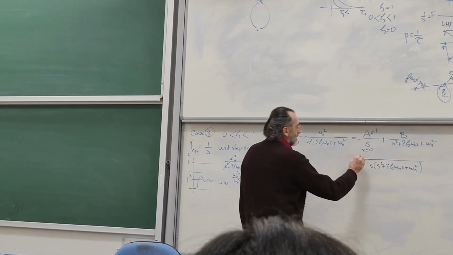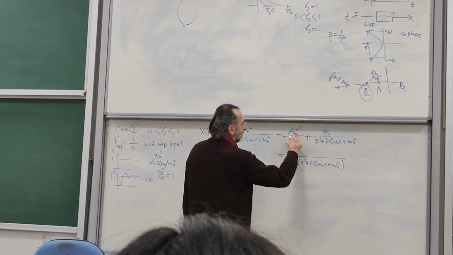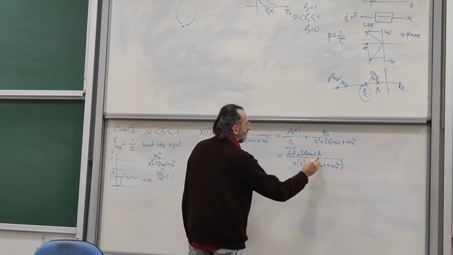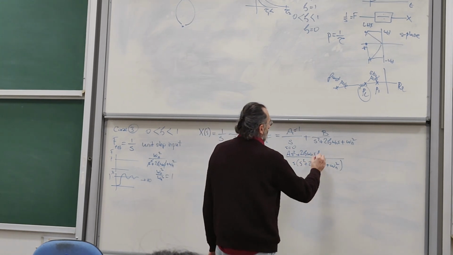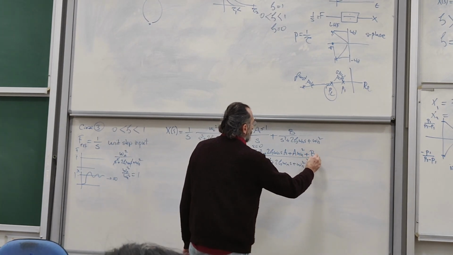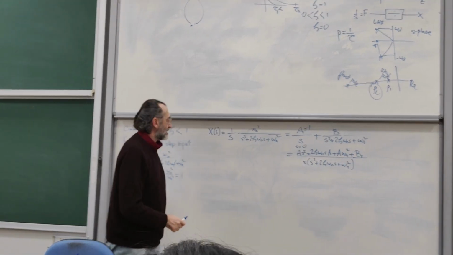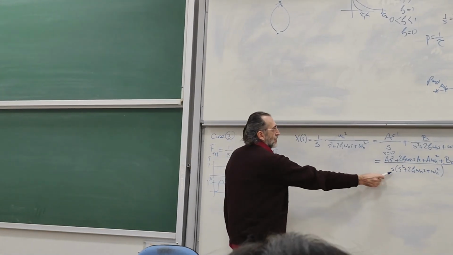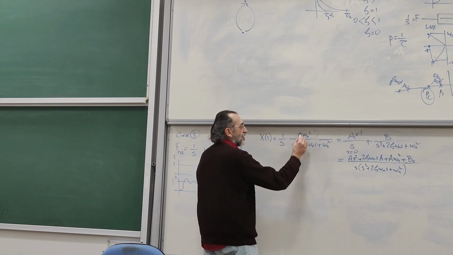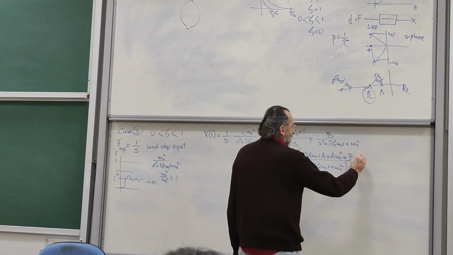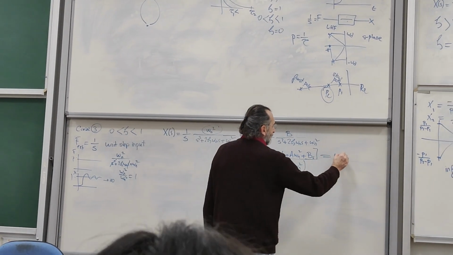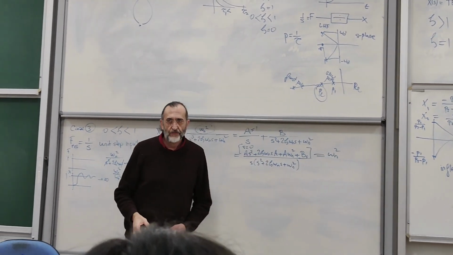So what we have is A S squared plus 2 zeta omega n S A plus A omega n squared plus BS. The two bottoms are equal and the two fractions are equal, therefore the tops have to be equal. So this bit has to be equal to omega n squared, right?